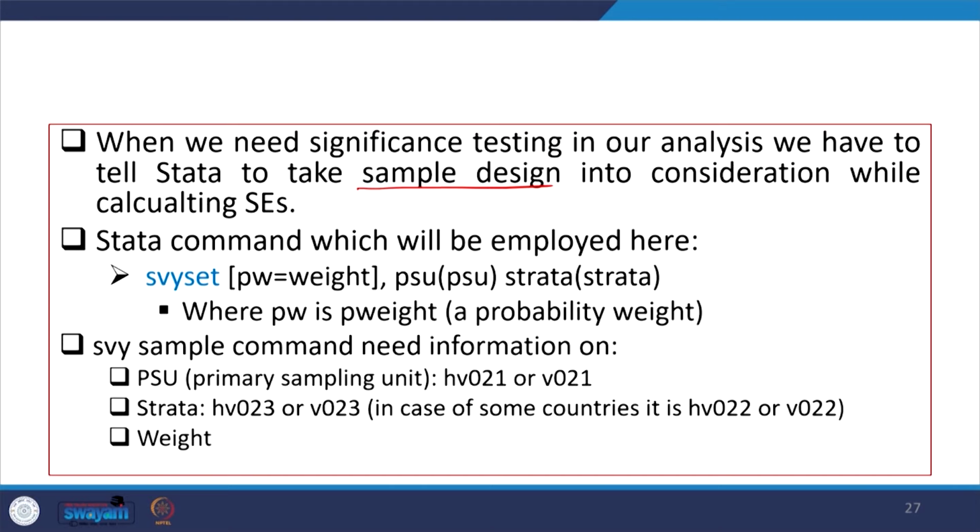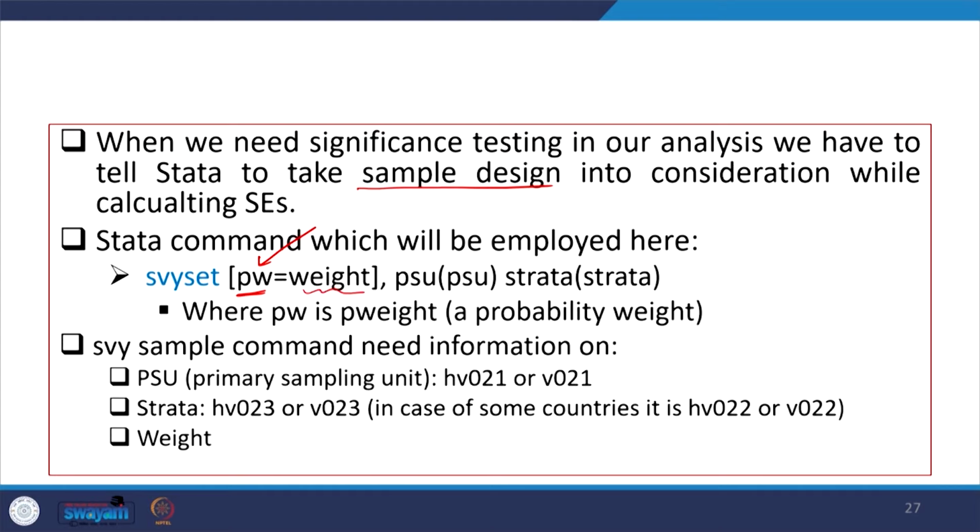The Stata command employed here is SVY set, with PW in brackets. You might have heard of IW weight and PW weight. PW weight is actually important. This is your weight variable, and PW is your command.